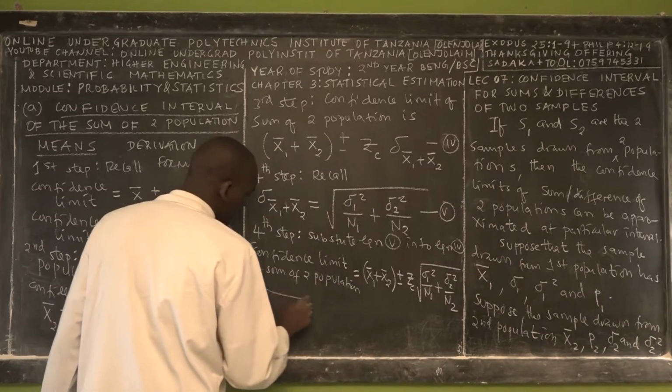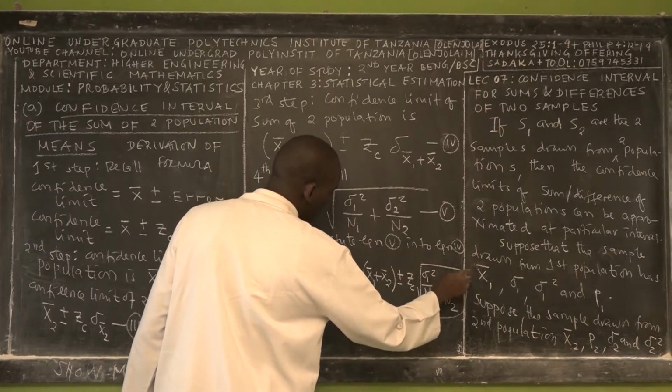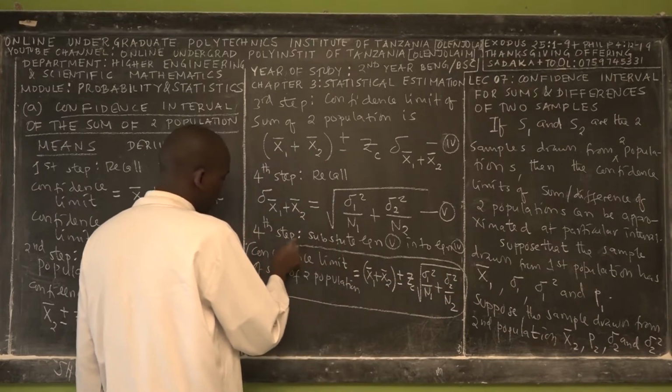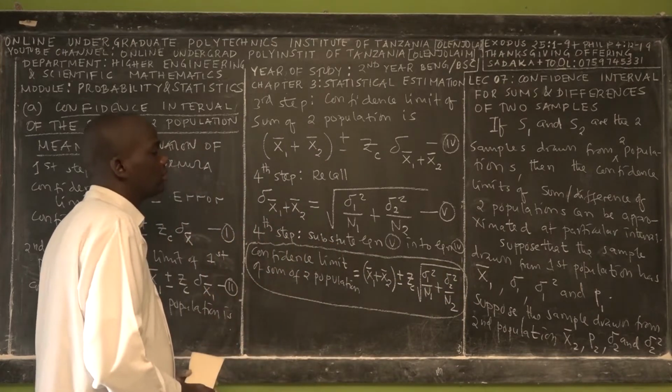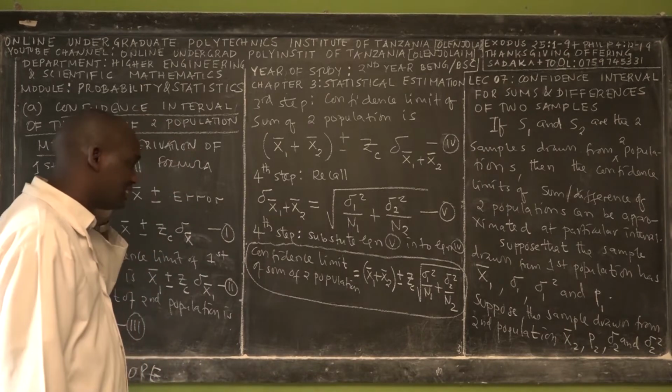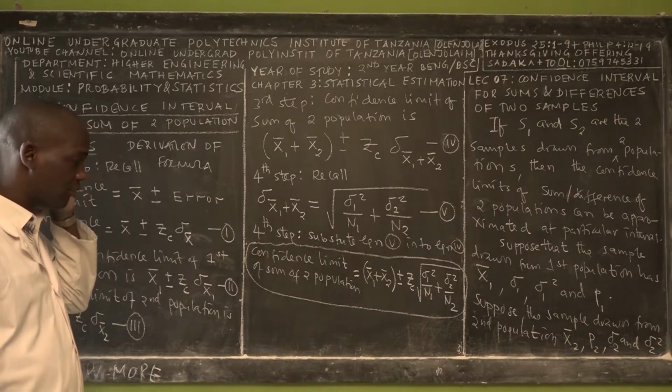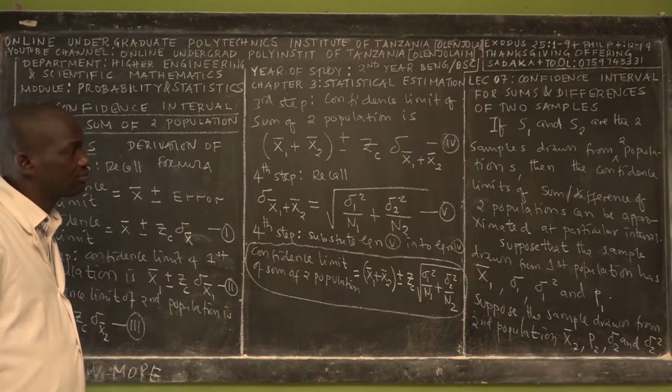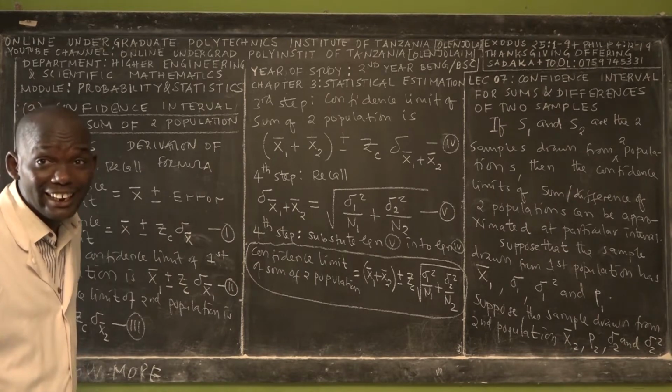This is the formula you have to remember whenever you are solving problems that ask you to find the confidence limit of the sum of the two populations.